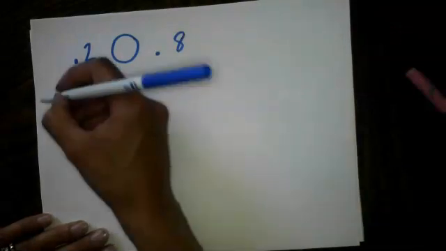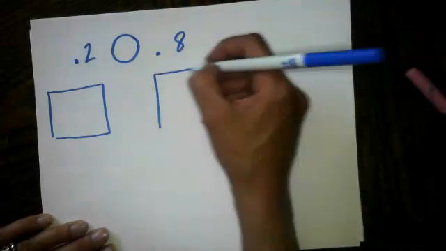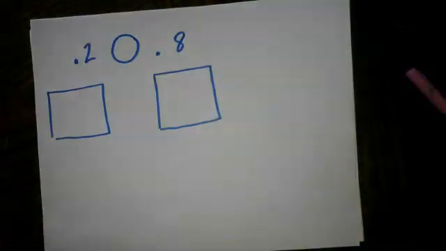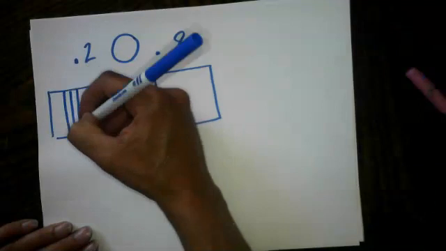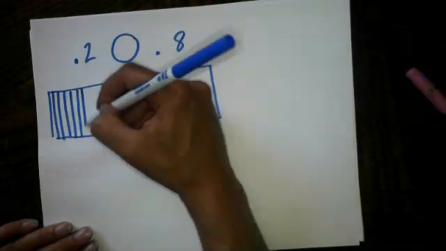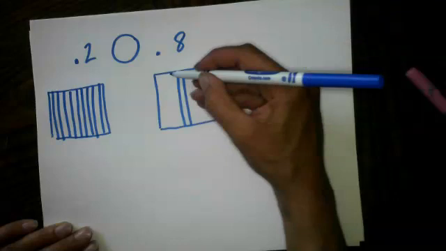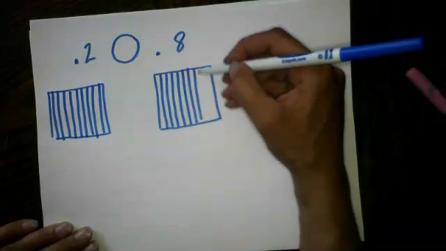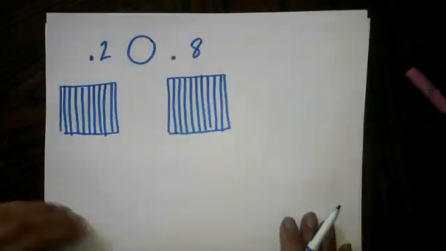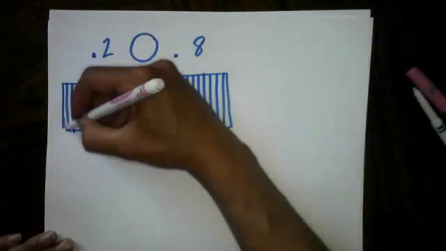Now, if we drew visuals of this, and I divided those wholes into tenths, I bet before I even color them in, you could probably tell me which of these is going to have more colored.